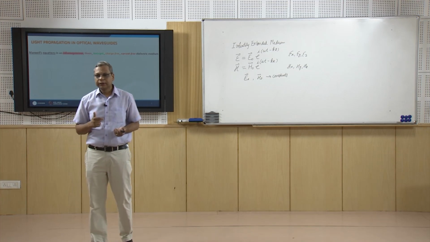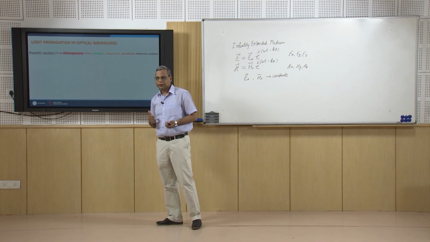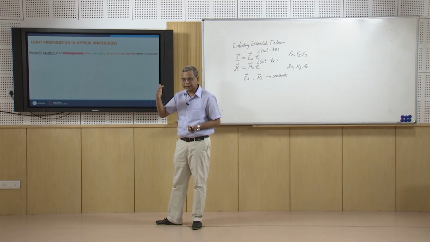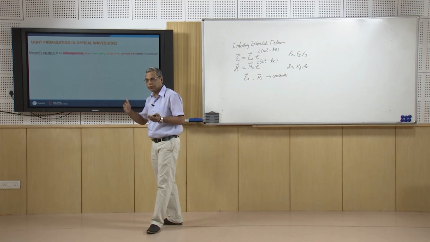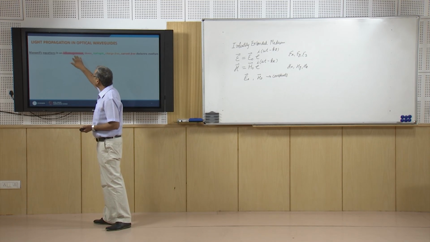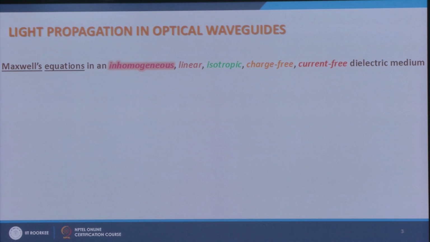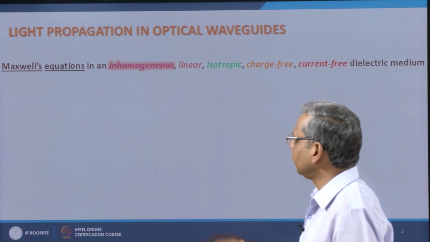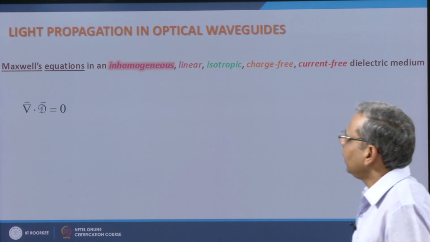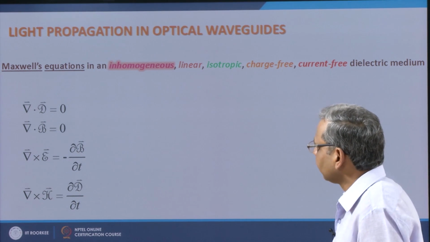propagation of light waves in such kind of medium where we have refractive index discontinuity, where refractive index is not uniform, I consider Maxwell's equations in an inhomogeneous linear isotropic charge free current free dielectric medium. In the previous case it was a homogeneous medium, now it is an inhomogeneous medium, and again I write down all the Maxwell's equations. Maxwell's equations go like this.